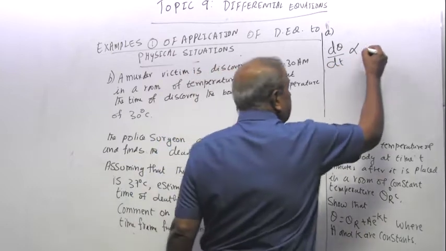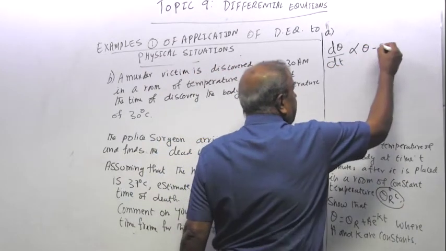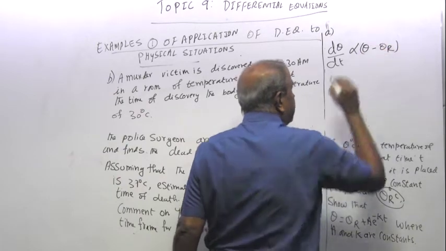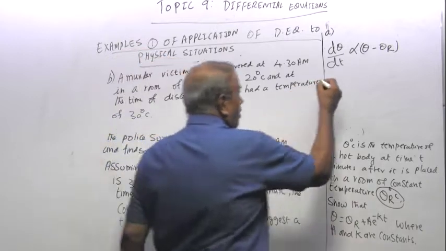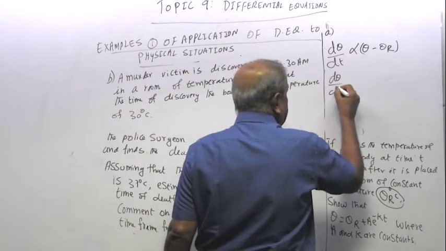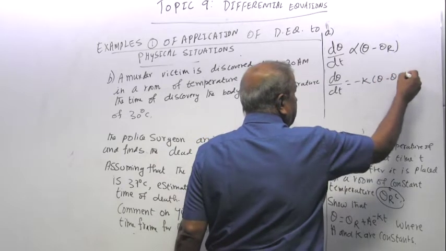The temperature of the body is theta, the surroundings is assumed to be theta r, so it's proportional to that. Remember, theta is decreasing, so I'll say d theta by dt is minus k times theta minus theta r.